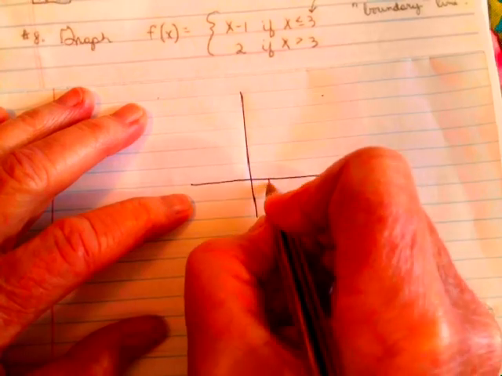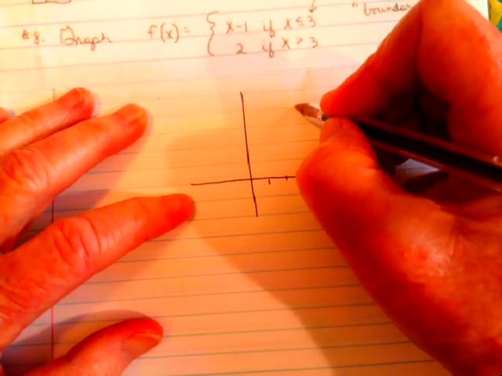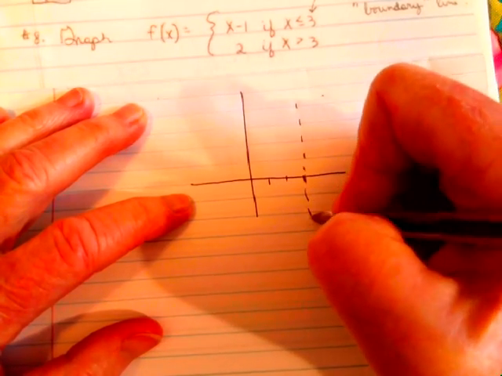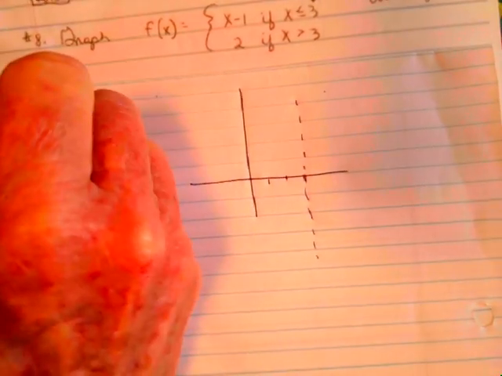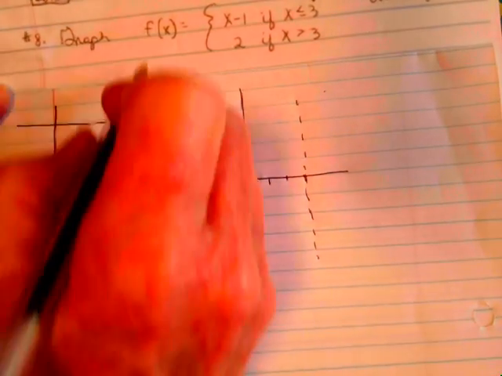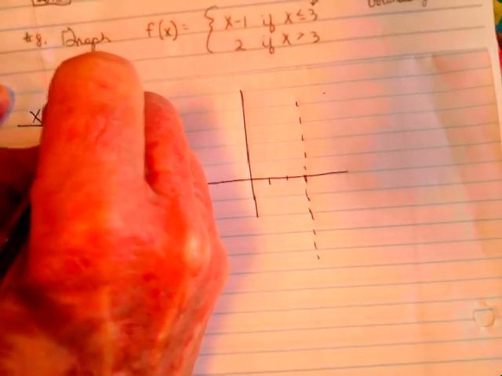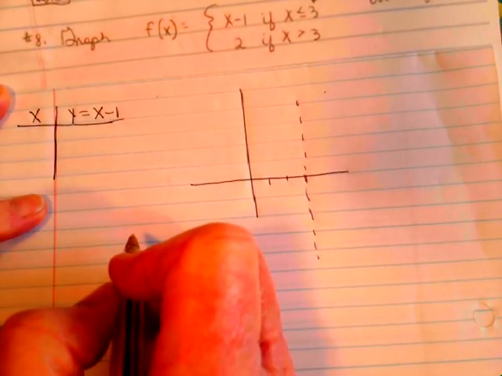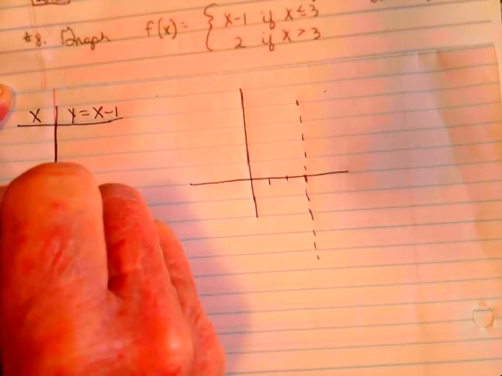You're going to put a dotted vertical line at this number that they've given you in the inequality. You're going to make a table for each of these. You're going to put x on the left and y equals the expression on the right. I did that for that first one. I'm going to do it for the second one.